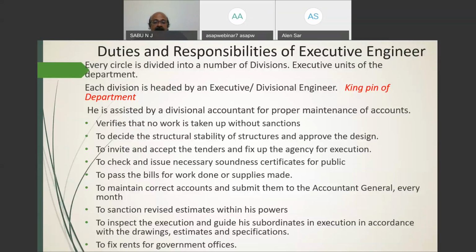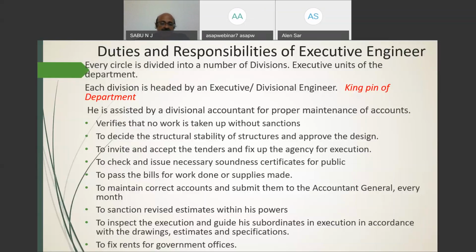Bill means it is an amount shown due to the contractor. That means that particular work was completed. With the agreed rate, the cost can be worked out, and depending on the type of the contract agreement, the amount is to be disbursed to the contractor.